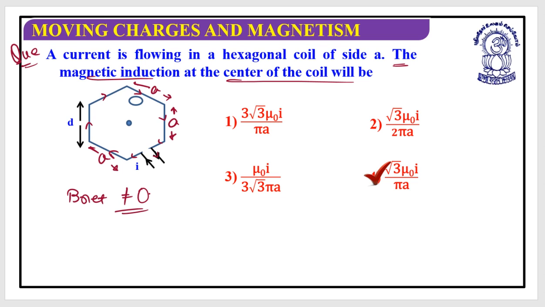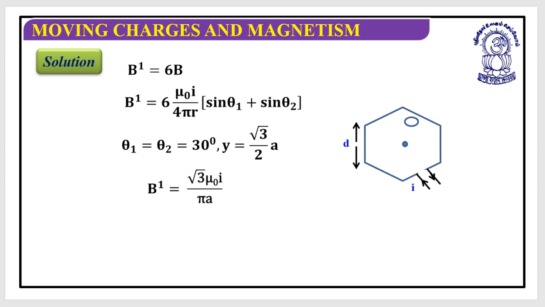No, this is not 0, not at all, because the current entering and leaving is not making an angle theta equal to 0 at which magnetic field is required. So this is not 0. Start working on it. One more thing, for every side the magnetic fields are in the clockwise fashion, and as they are in the clockwise fashion, this B net could be written as 6 into B. I hope this is clear.